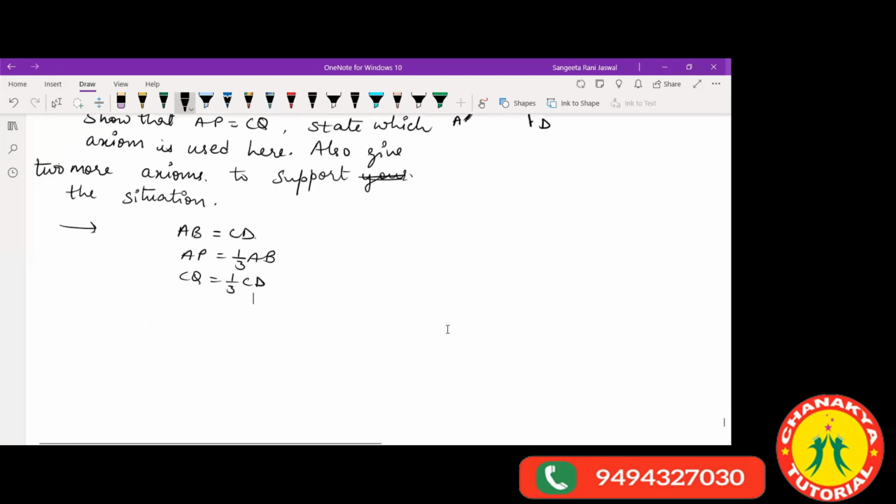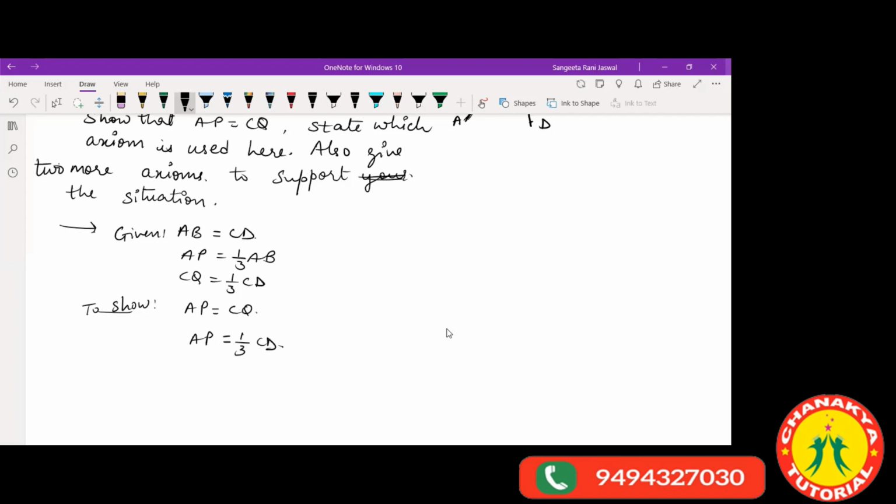And we have to show that AP is equal to CQ. AP is equal to CQ means CQ's value is given here. So in place of CQ, I can write 1/3 of CD. Can I write it like this?